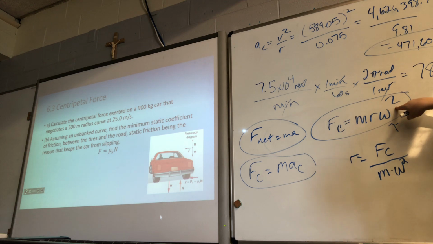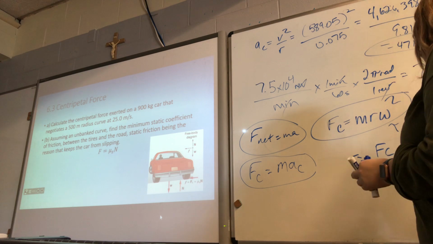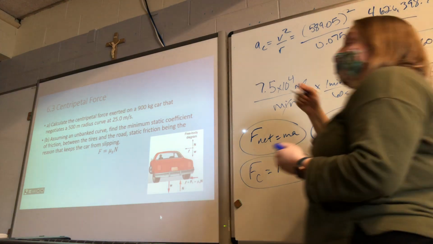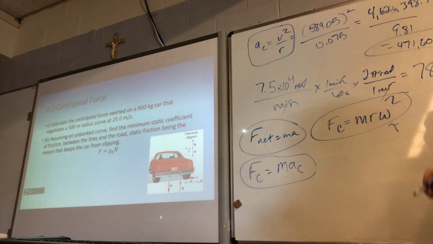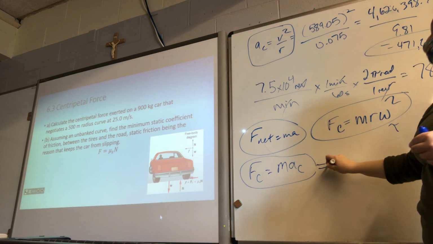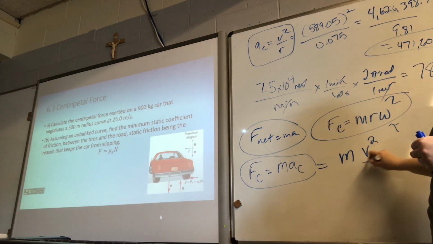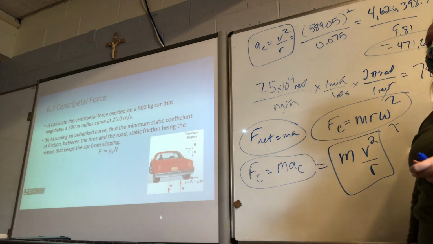So this is going to be our centripetal force equation if we have an angular velocity. What would our centripetal force equation be if we had a linear velocity? Because that's not on the board. If AC is V squared over R, couldn't we then write that equal to FC?